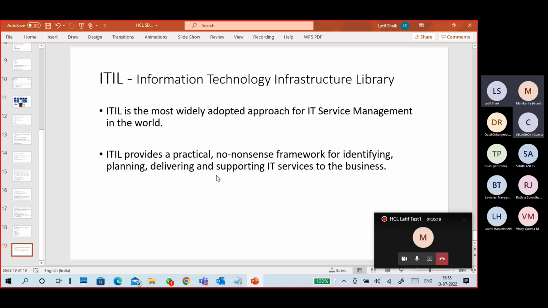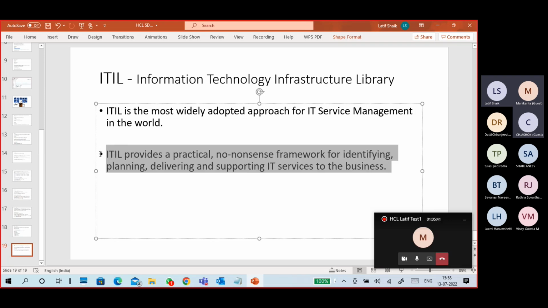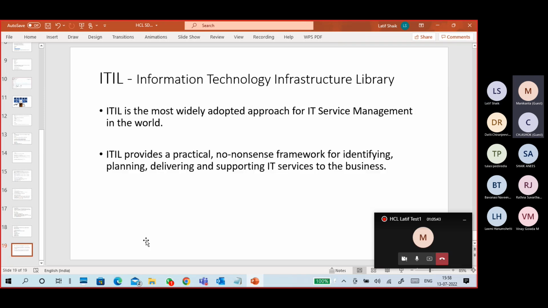It is almost similar to your SDLC, software development life cycle. But SDLC talks about how to develop a particular software, from customer requirements to delivering the product to the customer, with maintenance as the last step. But this is the whole business, again, guys.